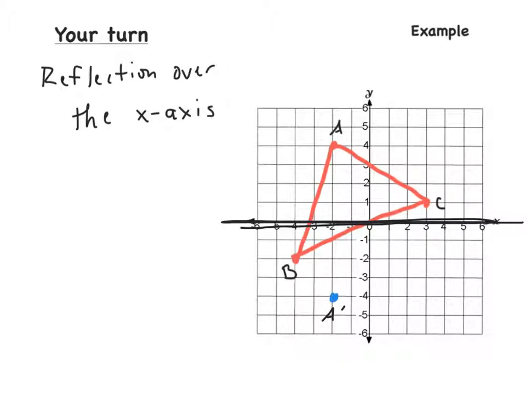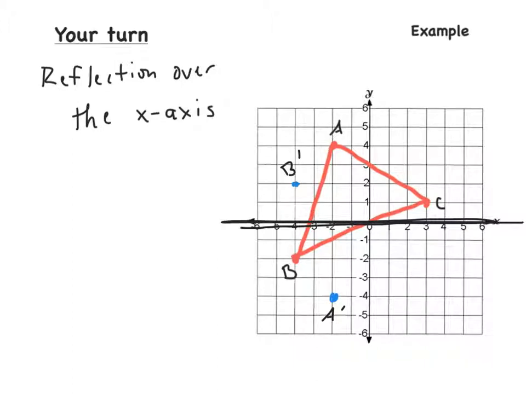Now let's look at B. B is on -4, and it is 2 points down from -4. So I want 2 points up from -4. So we mark our point right here. This is known as B prime.